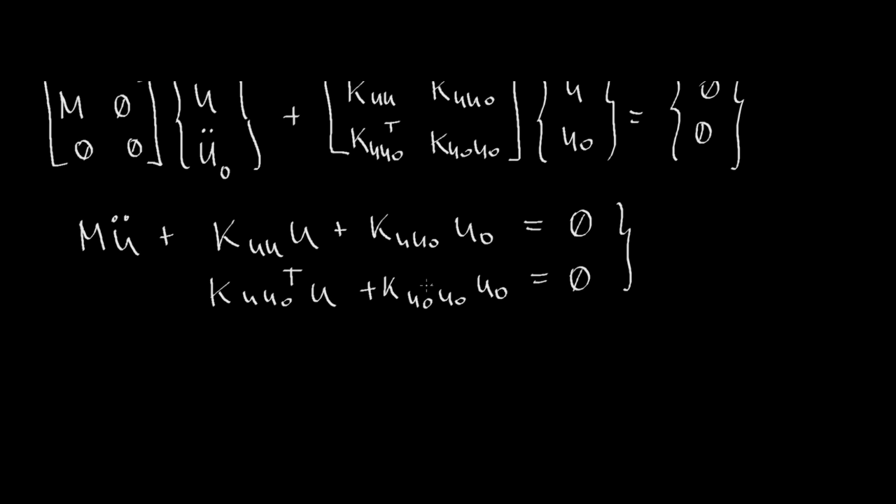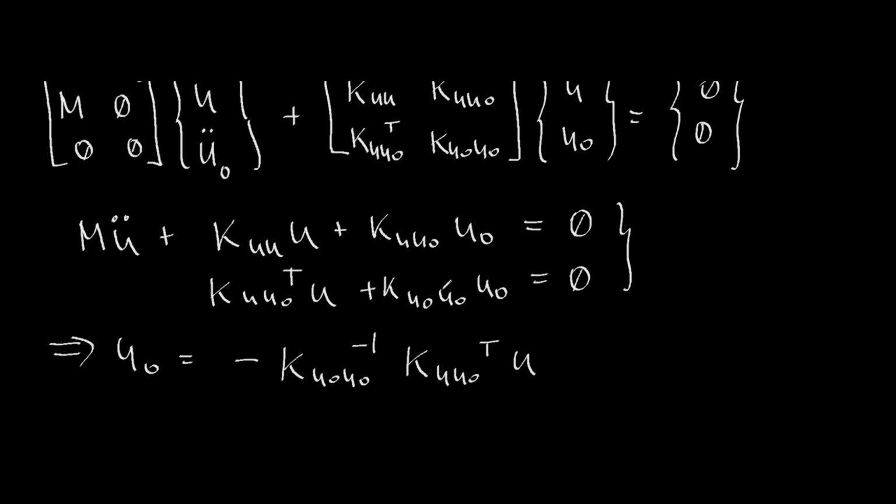From the second of these equations, we can conclude that u0 is equal to minus k u0 inverse times k u0 transpose times u. This is the conclusion that we can obtain from this second equation here.